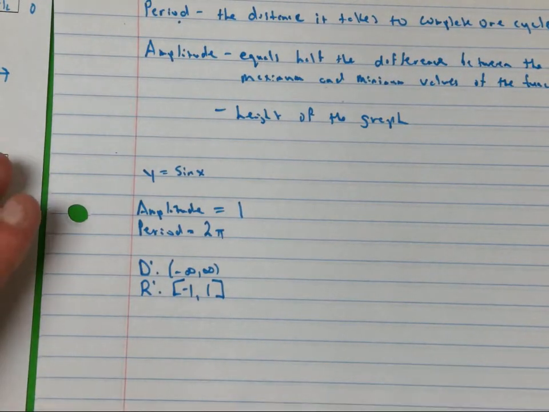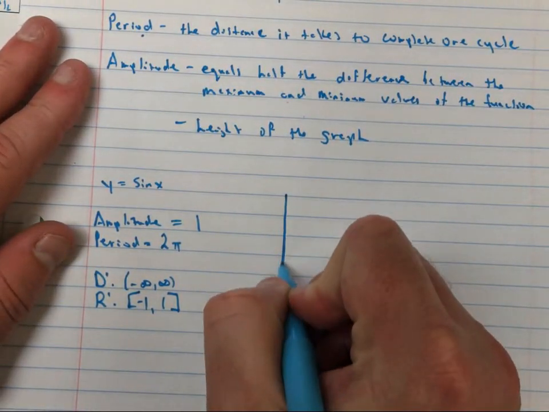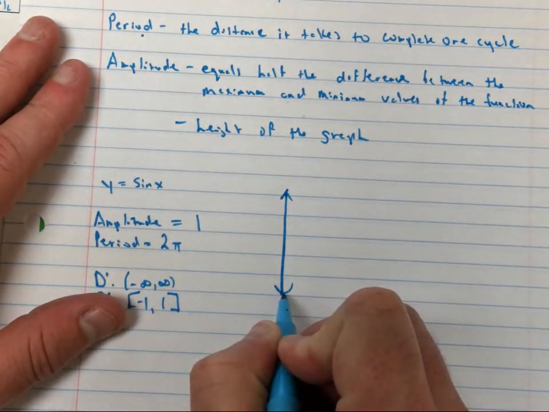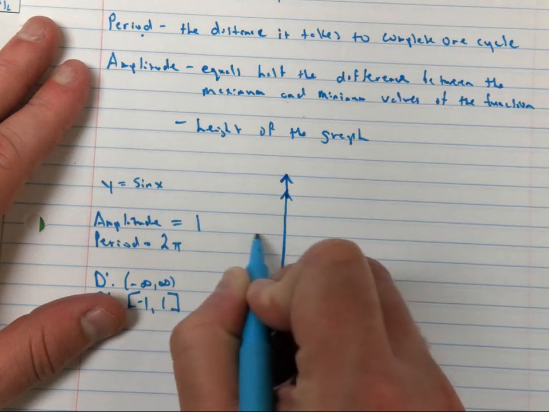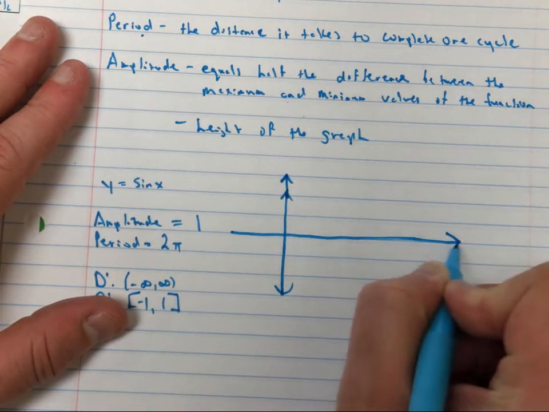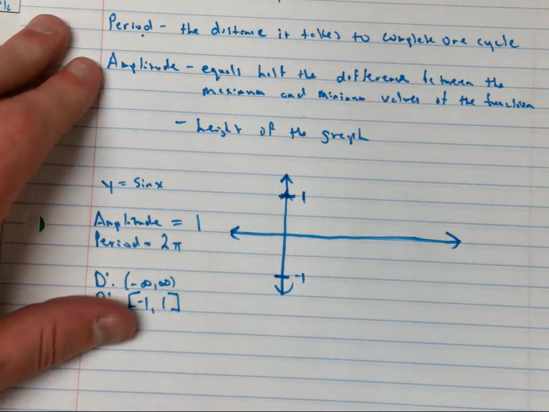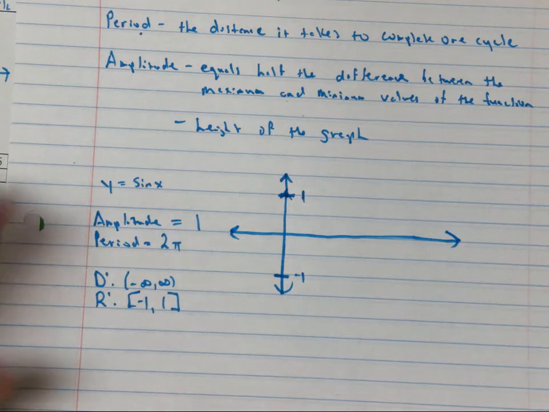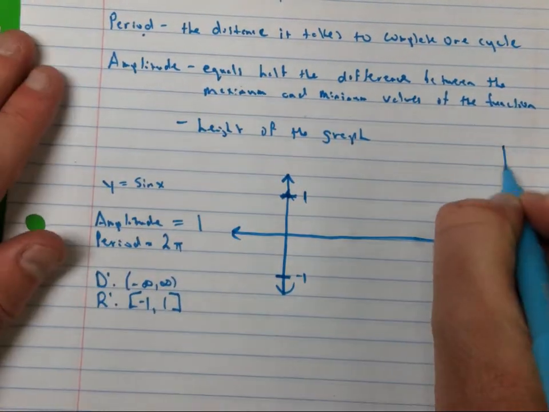Alright, now, you need to be able to sketch the parent function of sine. And when I mean sketch, amplitude is 1. I just want you, instead of having to list all of these, to do the major points.